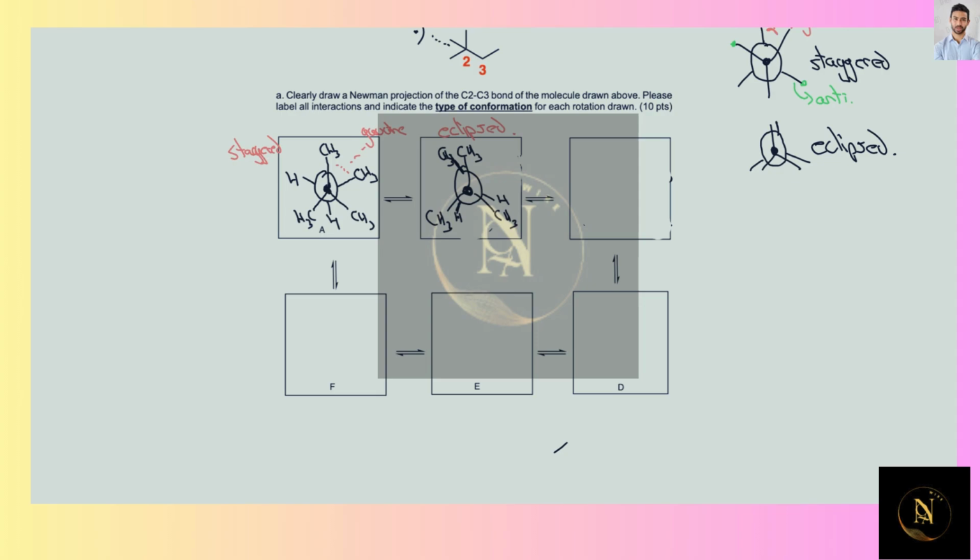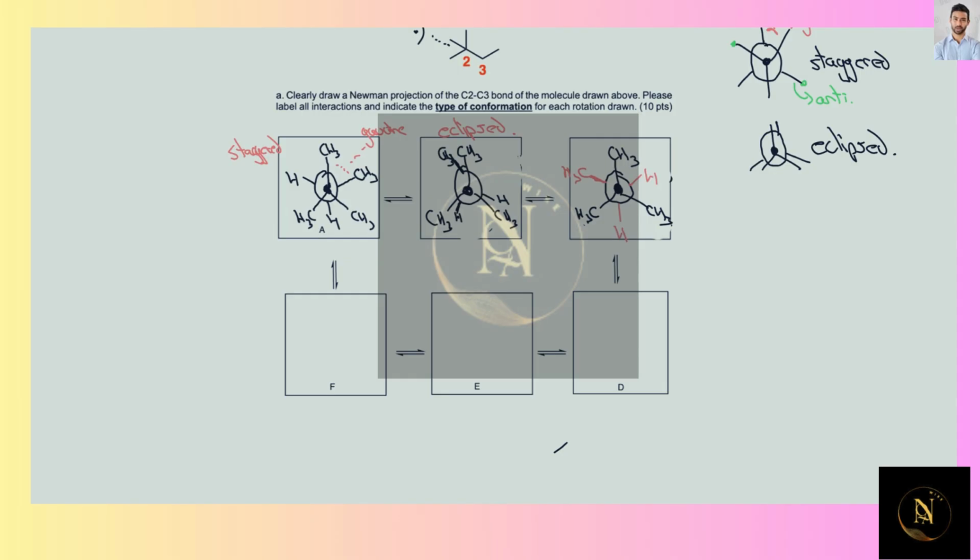Now for the next one, again, we're going to keep the ones on the front the same. CH3, CH3, CH3. And the ones that are coming from the back, we'll put them in red just to make it better for visualization. CH3, hydrogen, hydrogen.